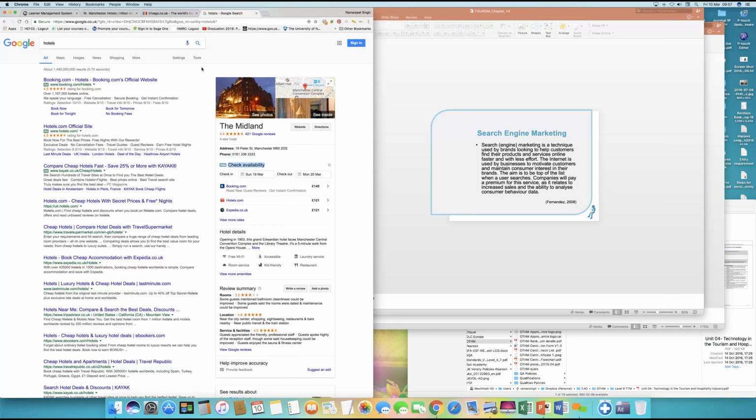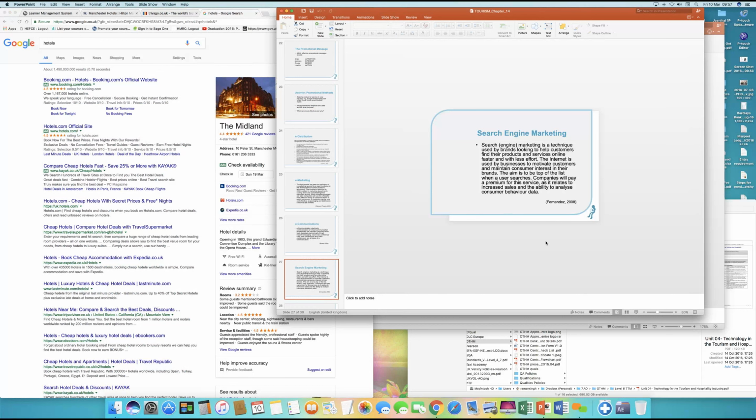So this is paid promotion to Google, wherein it will help me straight away find a hotel in Manchester, and this is the first one it comes up. So this is also a concept which is currently being used in the context of travel and tourism industries, that if you read this, companies will pay for a premium for this service as it relates to increased sales and the ability to be able to analyze consumer behavior data.